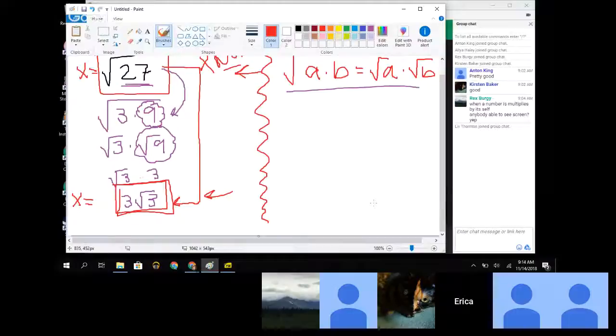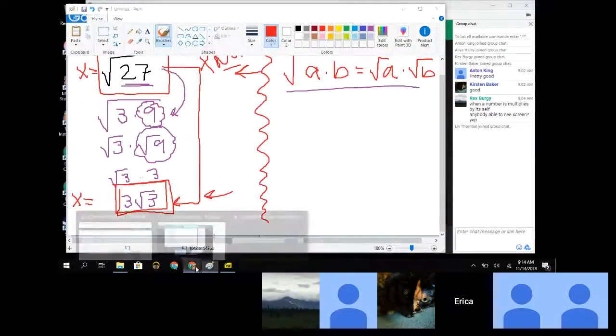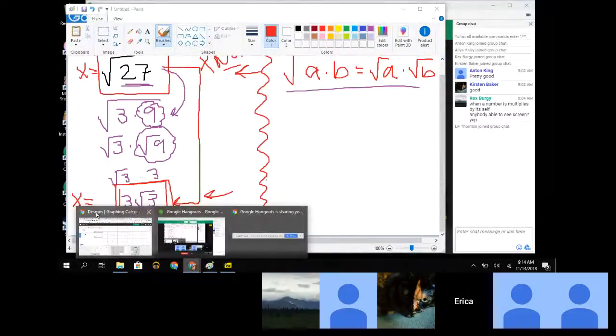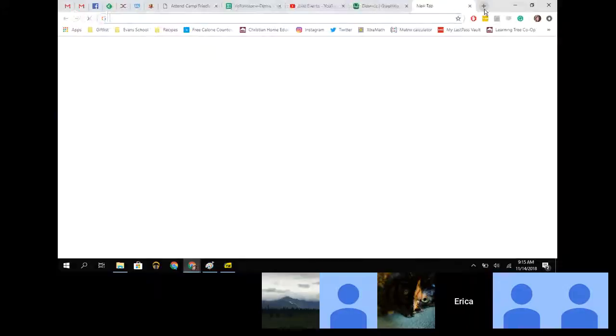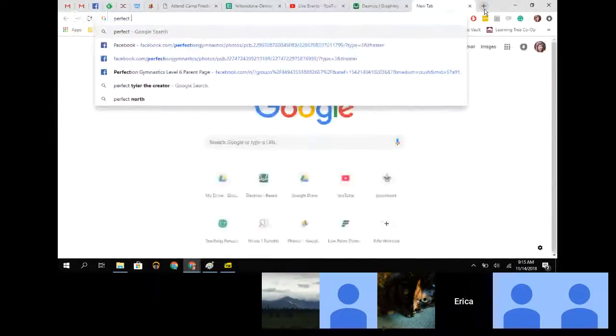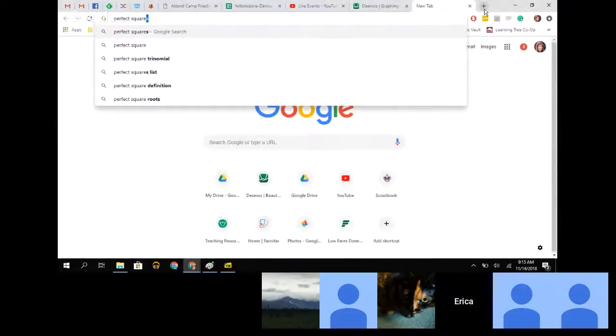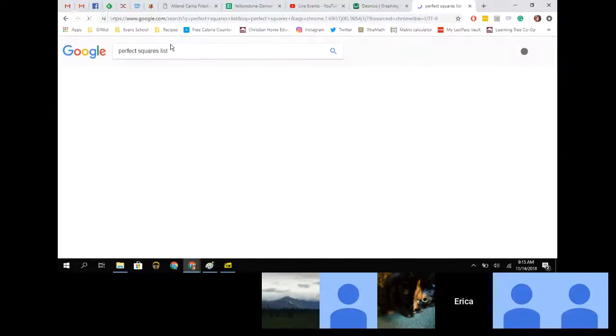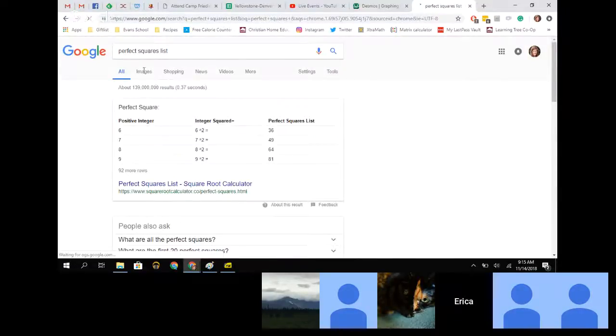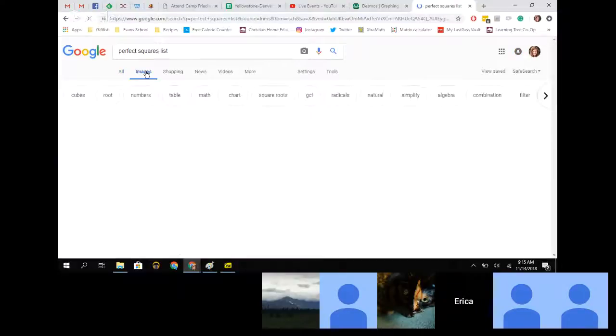So again, having a list of these perfect squares, and it's really easy to find, either if you're really good at your multiplication facts and you feel really comfortable with your perfect squares, that's great.